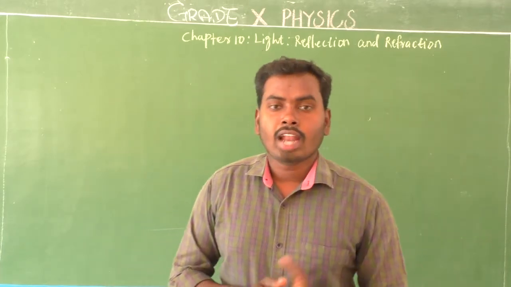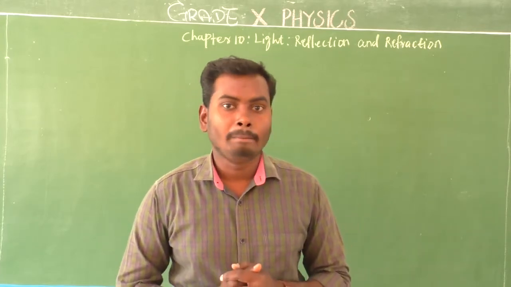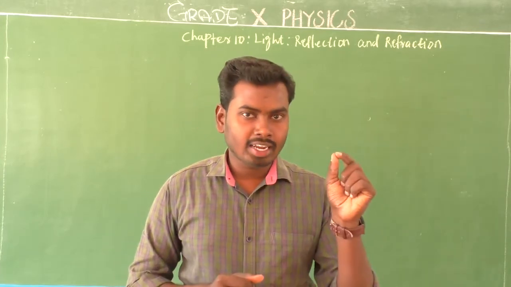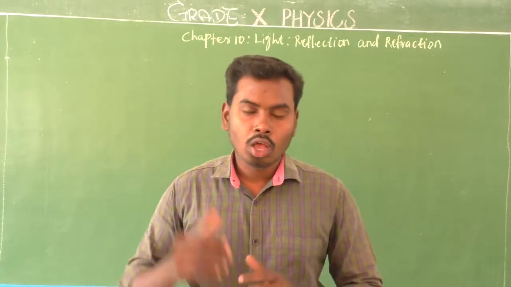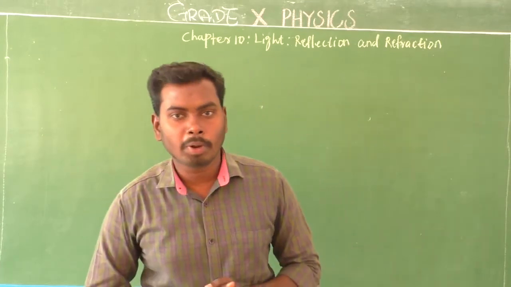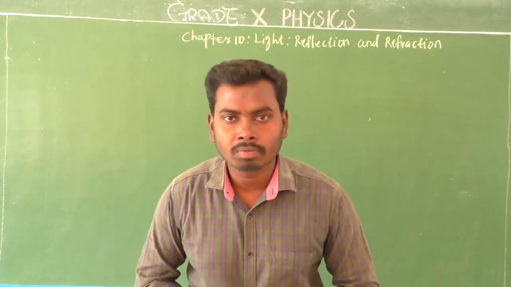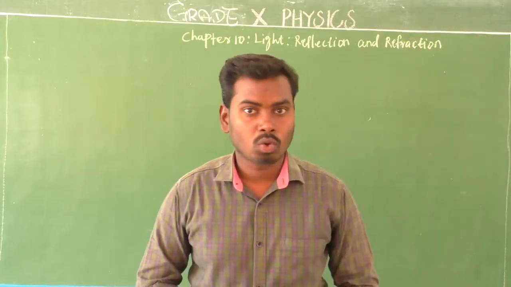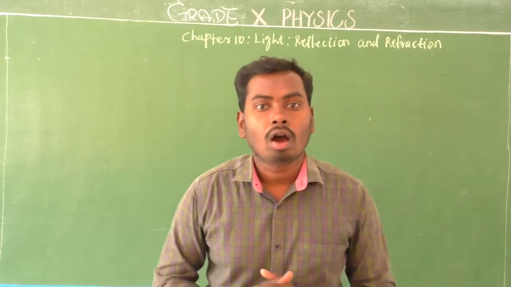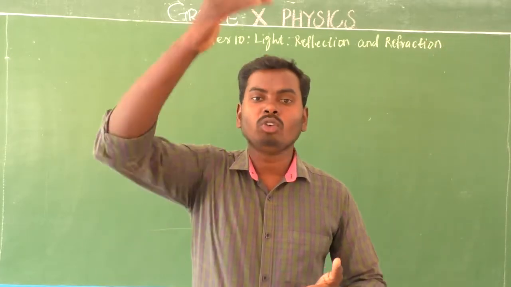Is it clear? Yes. Then after that we have placed the object between the optical center and the focus. Am I right? So if the object is placed between the optical center and the focus, where will the image be formed? The image will be formed on the same side of the object, which means the image will be formed above the principal axis.